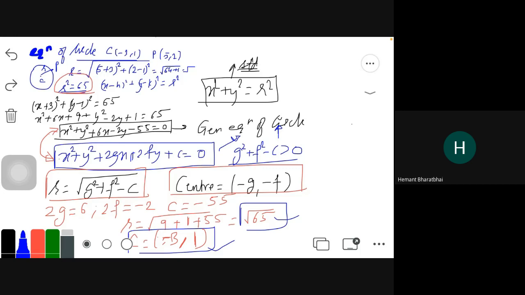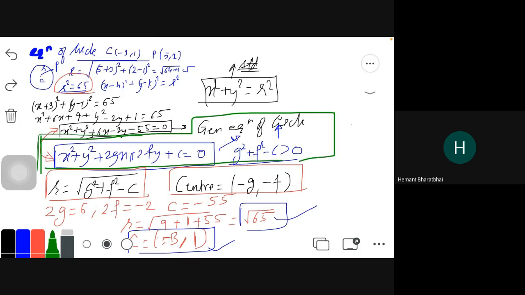So this is very important. Okay, general equation of the circle. Keeping this particular thing in mind is important. The general equation of the circle can be represented something like this, and the radius and the center can be found out something like this. So please take the screenshot of this, everyone.